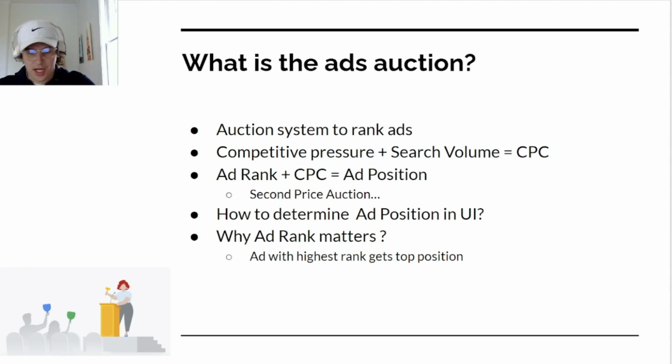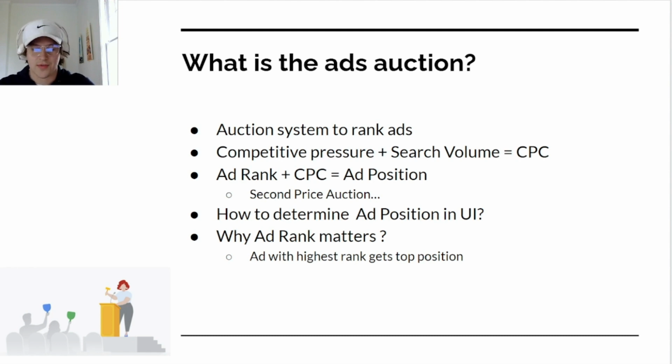So how does cost per click and ad rank all factor into your ad position? Basically, your ad rank is the quality of your ad. That plus your bid, your first page bid, will equal your ad position. I mentioned this before: you cannot just pay to get on the first page, because you can have irrelevant information, and that ends up being a bad experience for the end user, right?